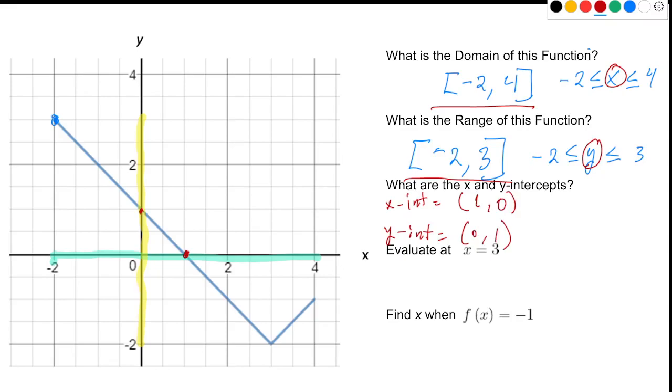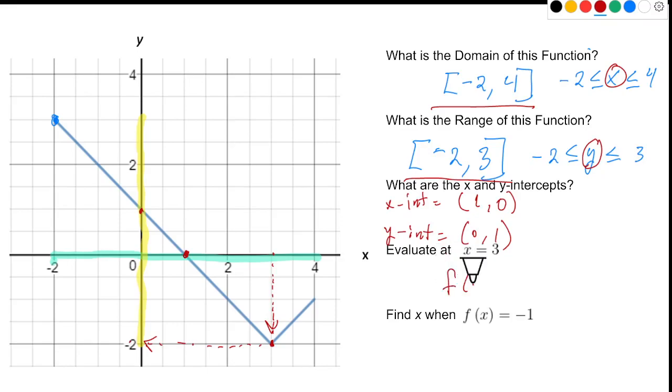Now we're asked to evaluate this function at x equals 3. How do we do that? There's no place to plug in the 3, but what we do is we go to where x equals 3. We take a little stroll, either up or down, whichever way we need to go, until we hit the graph. And then from this graph, we read the output. So we're going down to the graph, and the output is going to be negative 2.